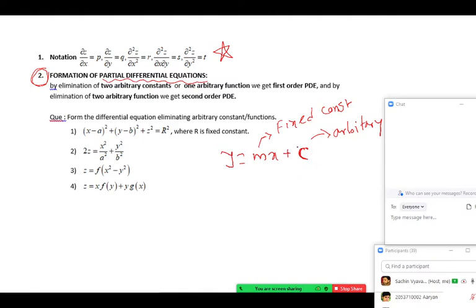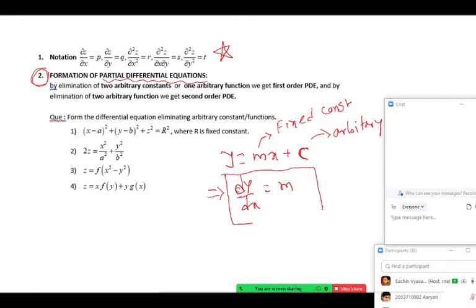By eliminating one arbitrary constant, we get a first order differential equation, and that is ordinary. Why do we get an ordinary differential equation? Because only two variables are present in the equation. If we differentiate this with x, we get dy/dx = m, and that is the answer.